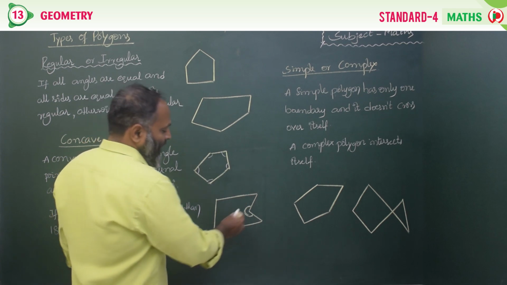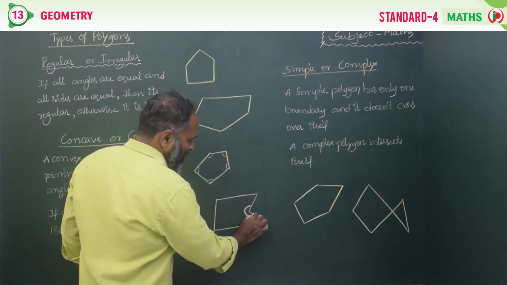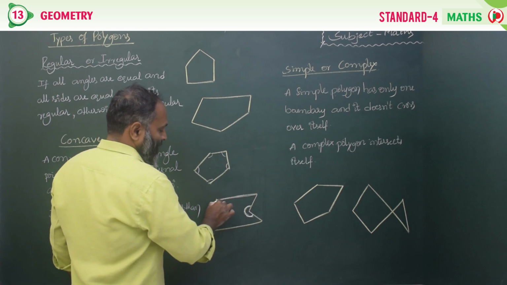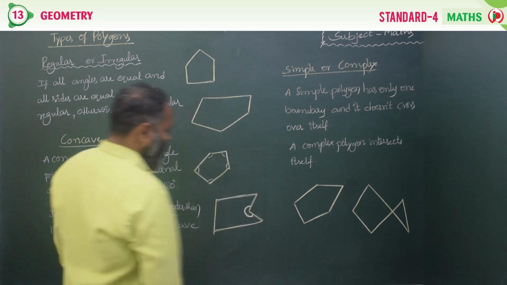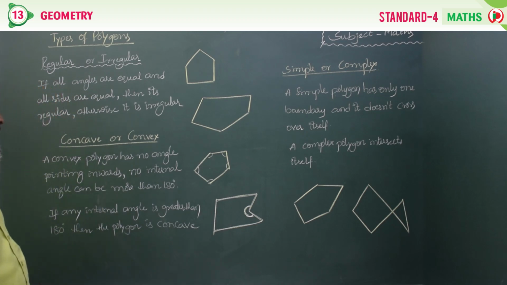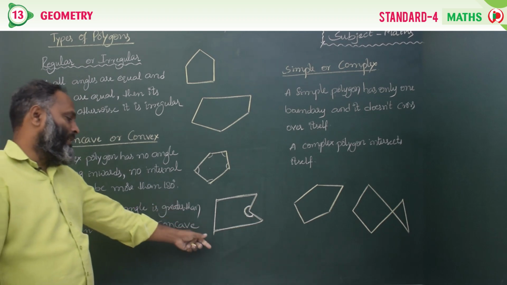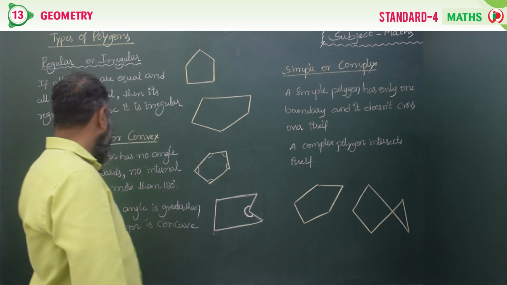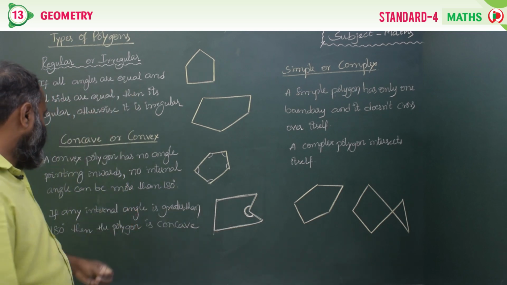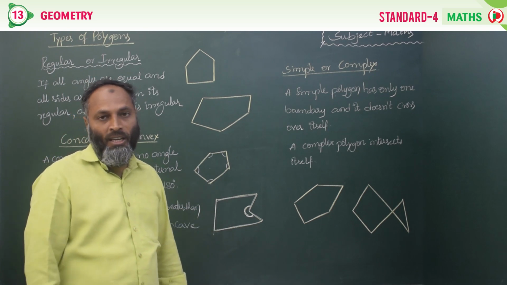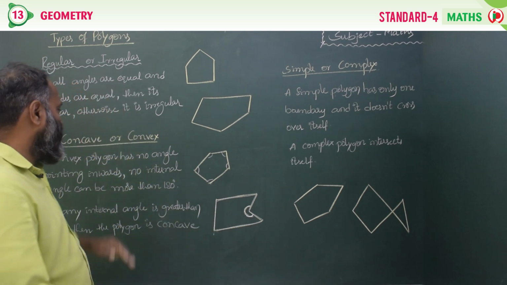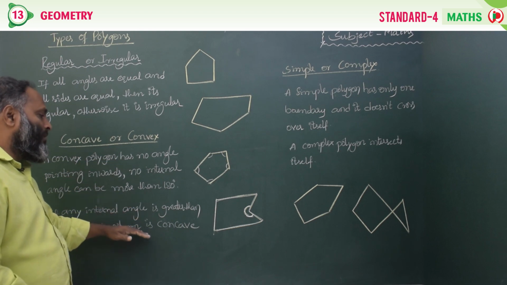If an internal angle is greater than 180 degrees, then that is a concave polygon. Convex means all internal angles are less than 180. Okay, so this is about convex and this is about concave.